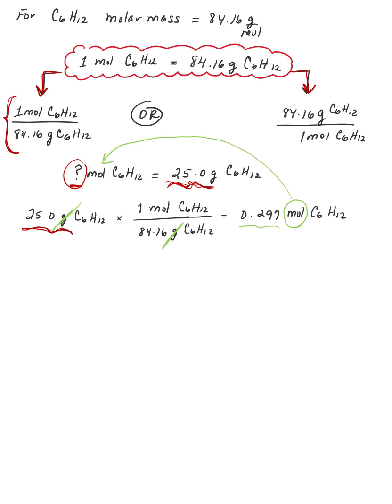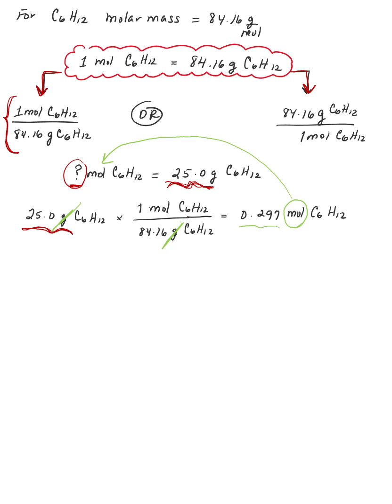So what that number represents, look, when you have 84.16 grams of C6H12, what you have is 1 mole. Now, you don't have 84.16 grams. The given amount is 25. 25 is a smaller number than 84.16.